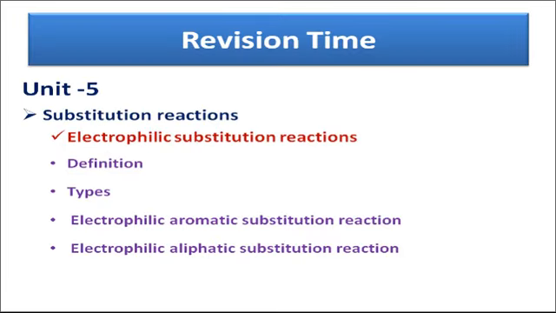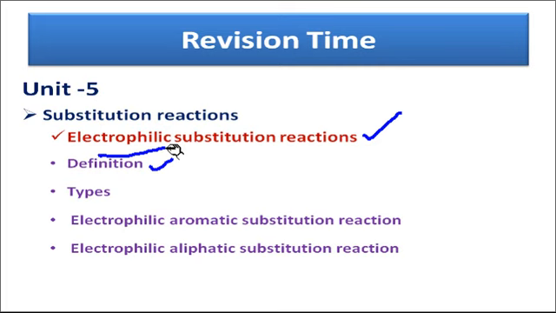Now let us revise what we have discussed in today's lecture. In today's class, we have learned about the electrophilic substitution reactions, in which the attacking species is the electrophile, and due to the attack of the electrophile, some atom or group of atoms is replaced.